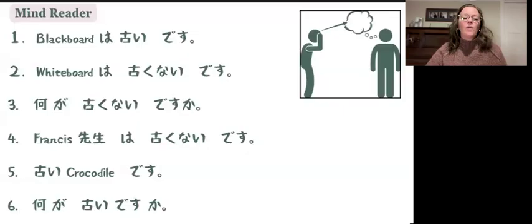I don't want them to be held back or fumble over a katakana word, blackboard, that they may not need, or crocodile. If we had more time and follow-up activities, yep, fine, no problem.